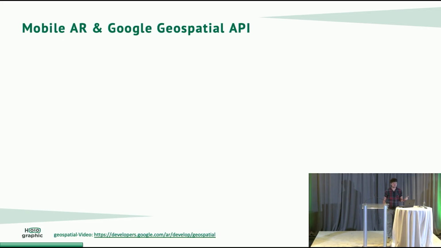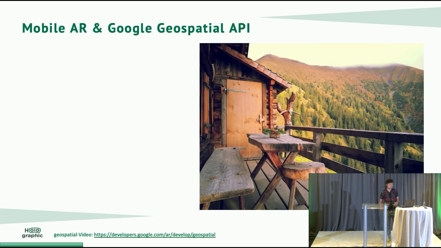Okay, so for this one, I used mobile AR, so I used a phone, especially for this one, to show the holograms. But what does this phone need to be able to show holograms? The first thing is it needs to know where it is in space. So this is a beautiful outdoor space.